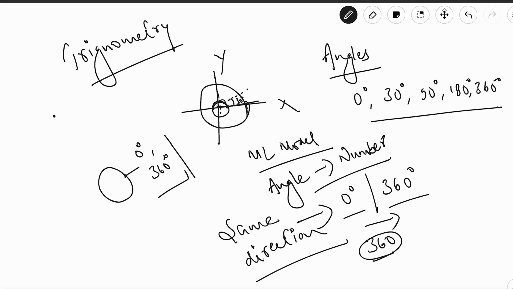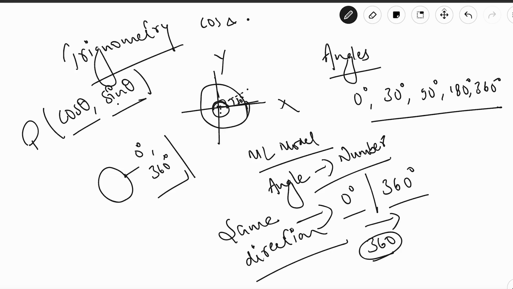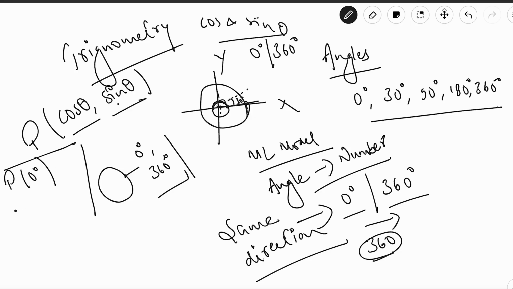We represent a point using trigonometry identities like cos theta and sin theta. This is how we represent a point. For our example, if we take the values of cos and sine for 0 degree and 360 degree and we calculate both these points, for 0 degree we can say cos 0 is 1, sine 0 is 0.